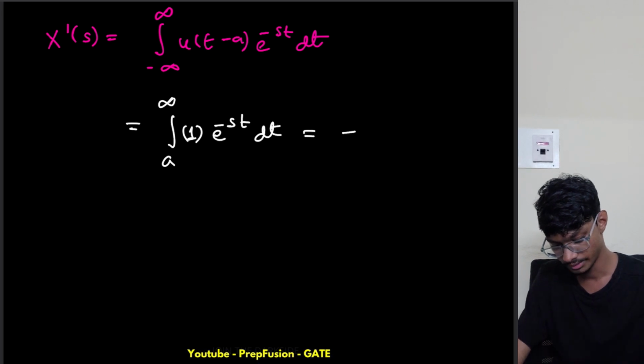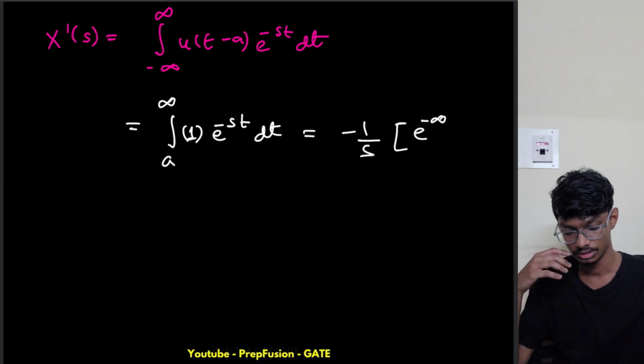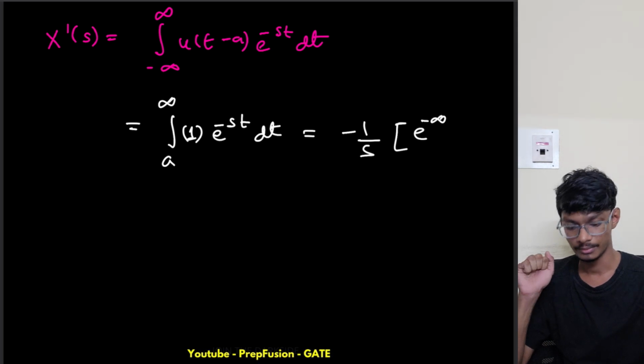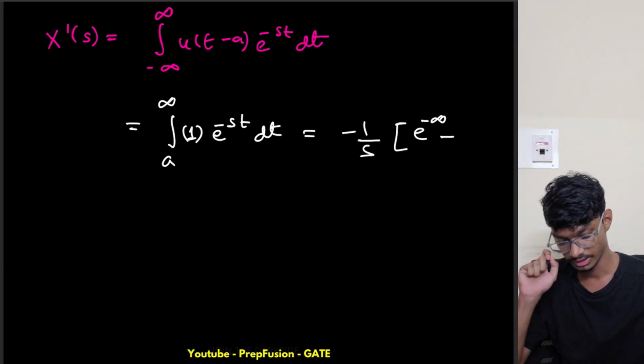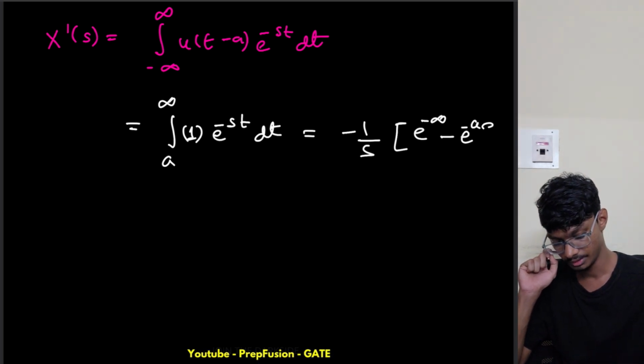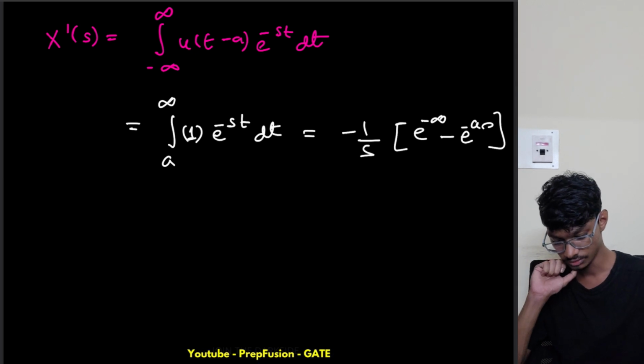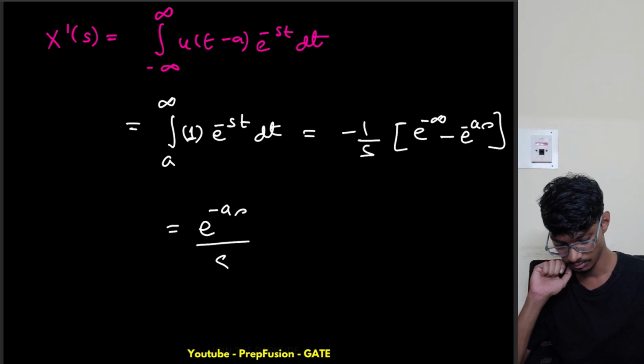Okay, now what do you get? Minus 1 over s, times e raised to power minus infinity. Like s is there, but s times infinity is infinity only. But in this case we have minus e raised to power minus as. So this goes to 0, and we are left with e raised to power minus as by s.